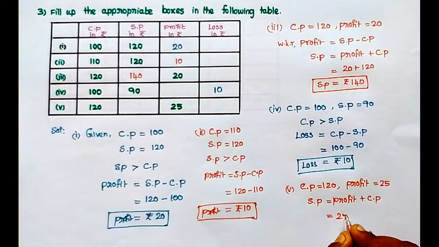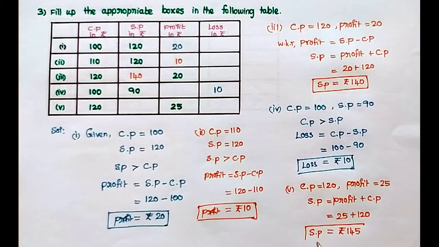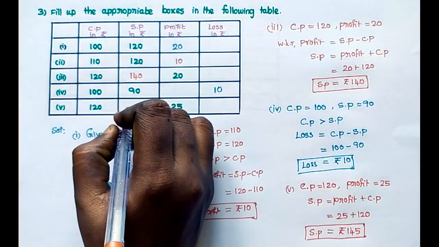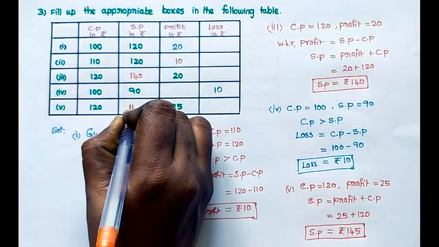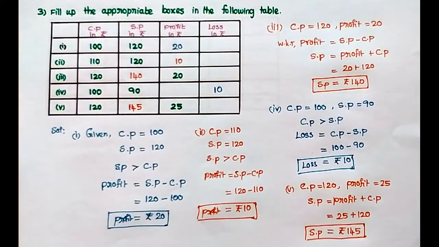Now profit 25 plus cost price 120. So selling price equals 145. That is the answer.